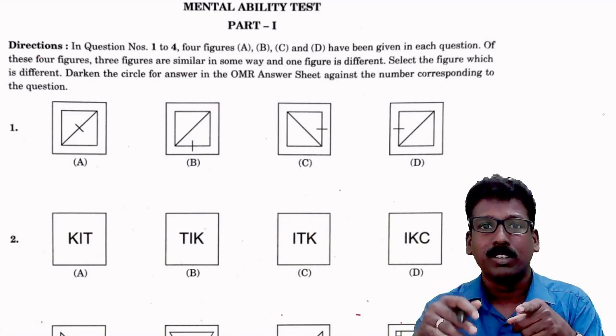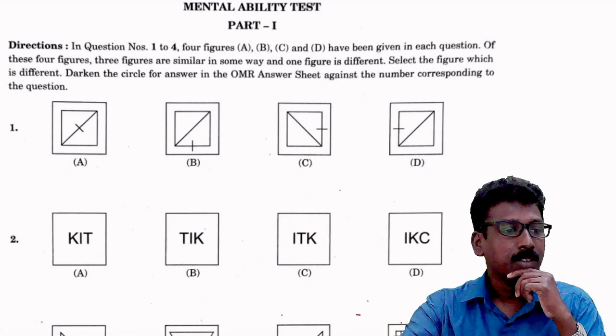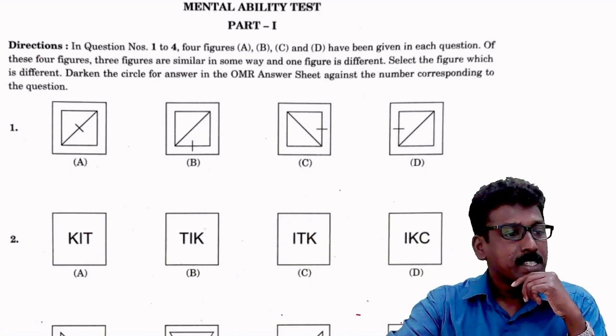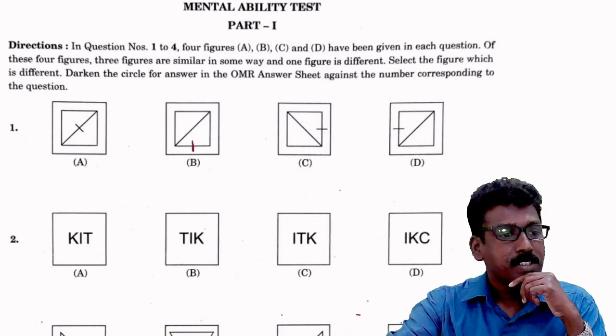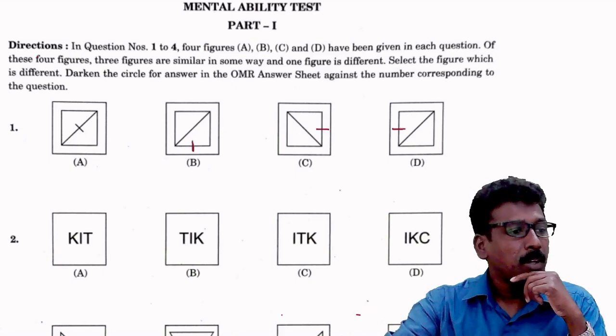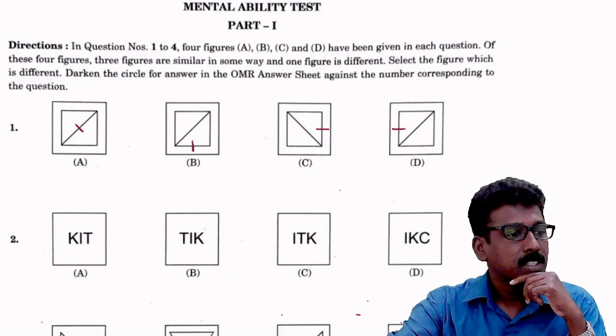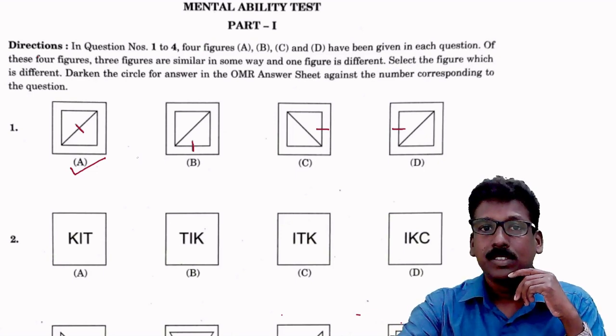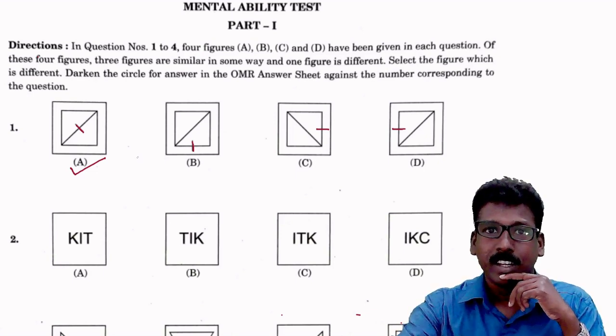You have to find out that different figure. Here you can see inside a square there is a mark on the sides. From each side there is a mark, but in the first it is in the diagonal. So A is different from the others. So A is the correct answer.